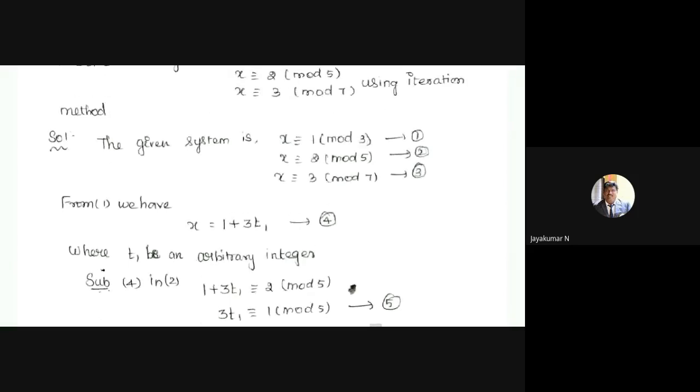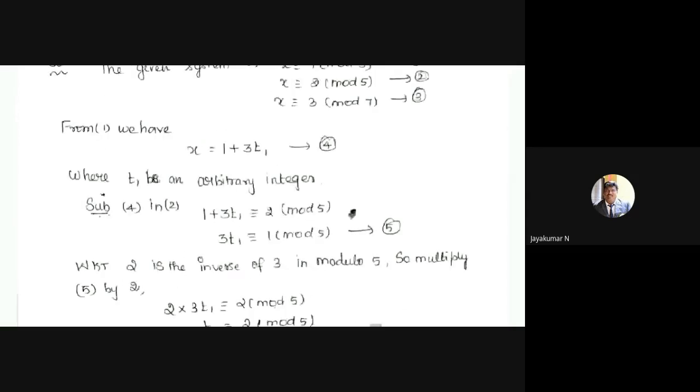Now put t1 is equal to 2. 3 into 2 is 6. 6 divided by 5 gives the remainder 1. So 2 is the inverse of 3 under mod 5.